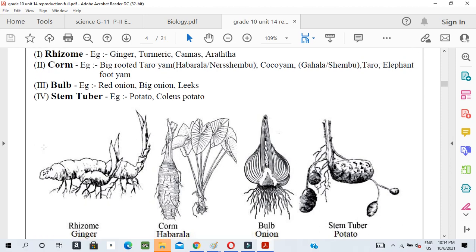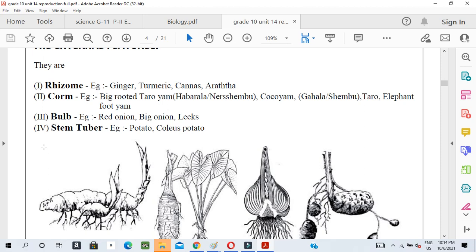The examples of plants having rhizome underground stems are ginger, turmeric, canna, and arrowroot.